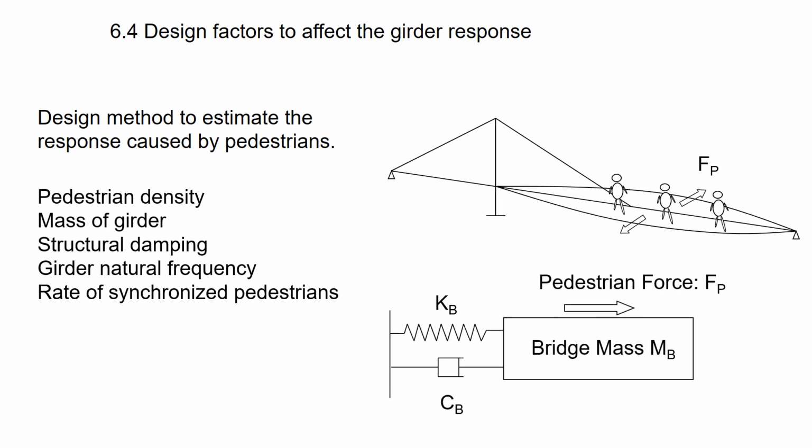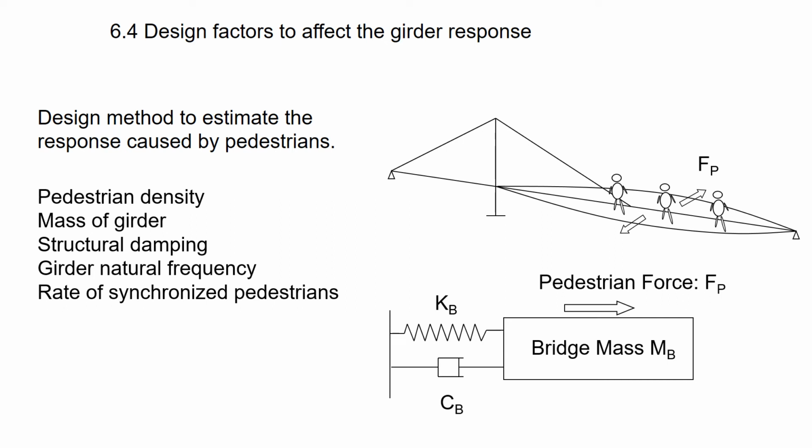This is the dynamic model for this problem using modal analysis. I assume a single degree of freedom dynamic model using the modal analysis of the first lateral mode because the girder vibrates with only a specific mode.